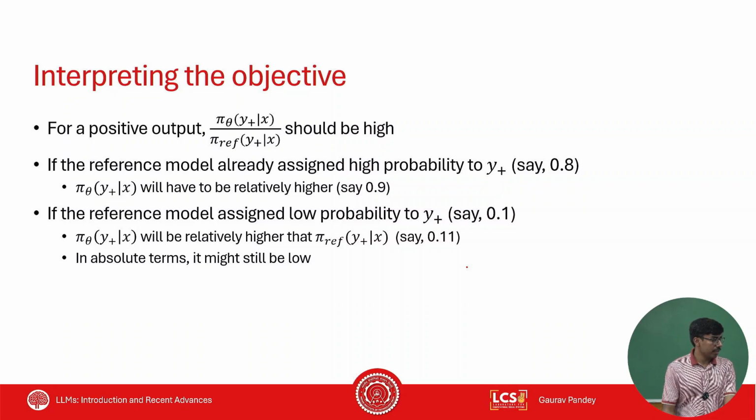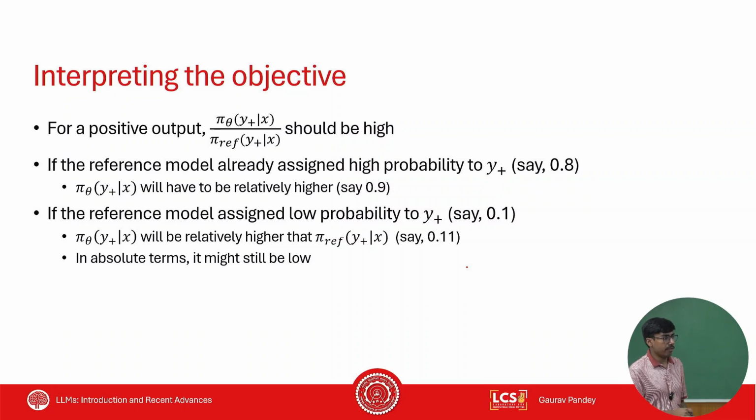What this πref does is take care of the length. It says that if it is a long output, even the reference model will give very low probability. So this ratio will become reasonable. Irrespective of the length, this ratio will be a reasonable quantity. So that's one intuitive reason why dividing by πref helps practically.